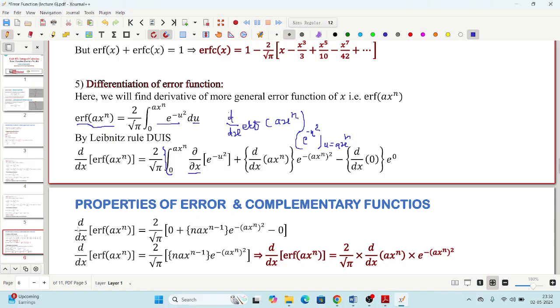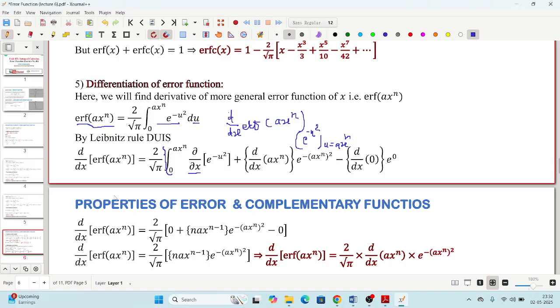Now for the second term, we are taking the derivative of ax to the power n, which is n a x to the power n minus 1, into e to the power minus, square is there, so you are getting this. And lastly the third term will obviously be 0, and therefore the derivative of the error function will be given like this.